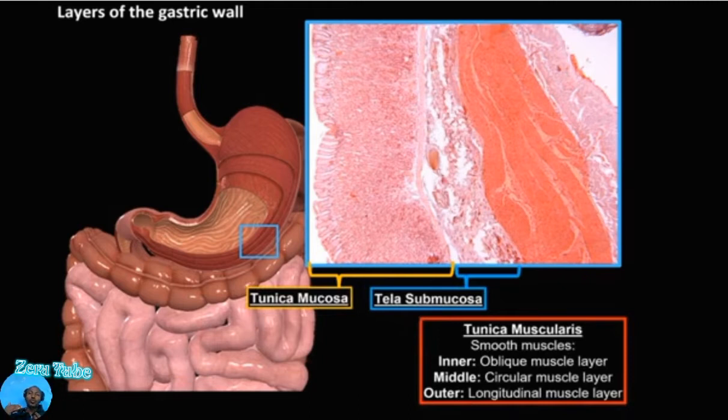በሌሎቹ large intestine, small intestine, esophagus ላይ የምናገኘው የመስኩላር ላየር 2 ላየር ነው የምናገኘው, circular layer and transverse layer. ስቶማክ ከሌሎቹ ለየት የሚያደርገው we can get 3 layers, 3 ሌየሮችን ነው የምናገኘው. The inner one is oblique muscle layer, the middle one is circular muscle layer, and the most outer part is longitudinal muscle layer.